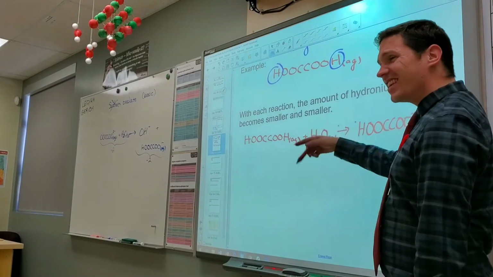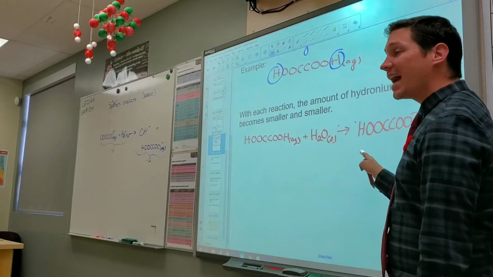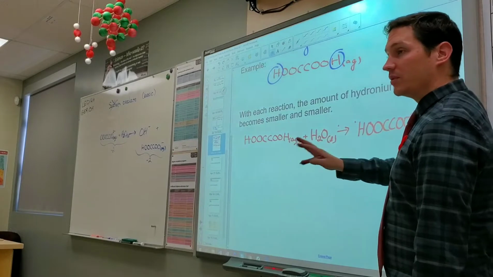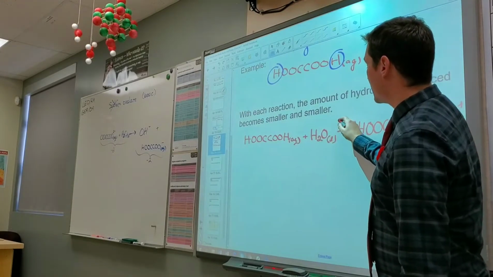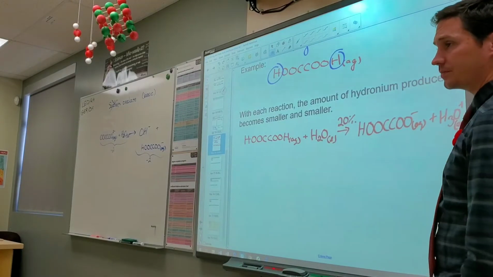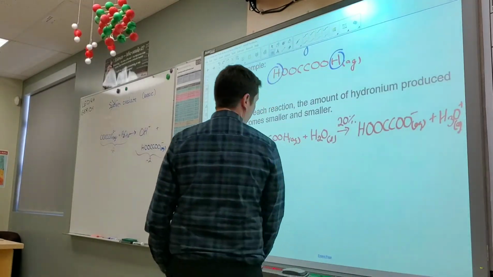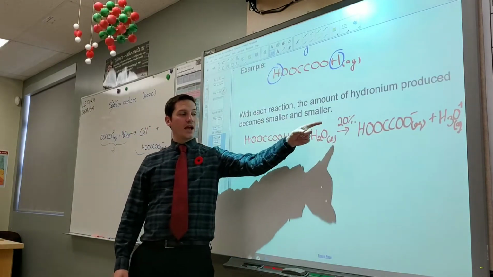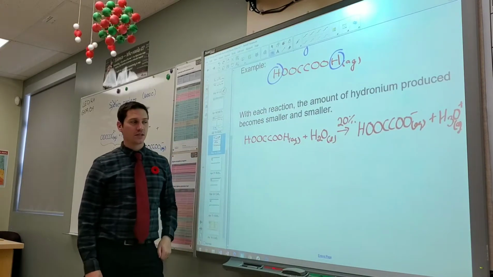This reaction is a weak acid, so it's still less than 50%. But I'm going to totally make up some numbers. Let's say this goes about 20%. 20% of these actually react with water to make hydrogen oxalate.